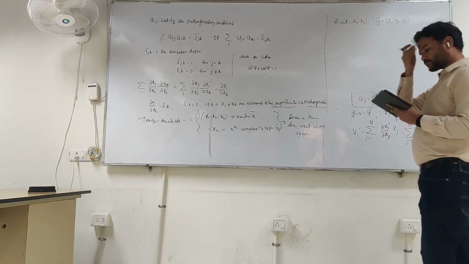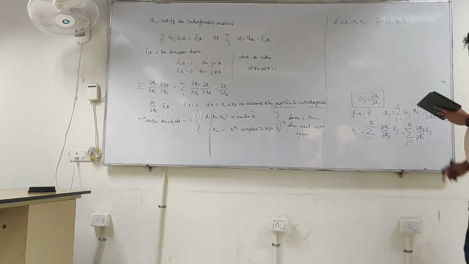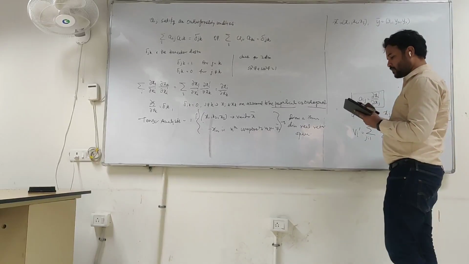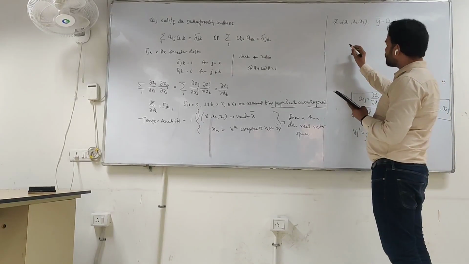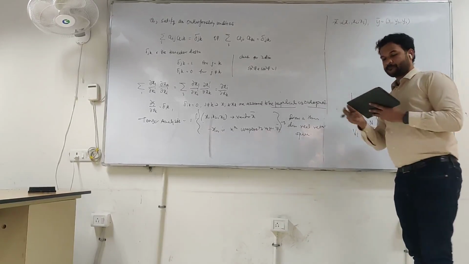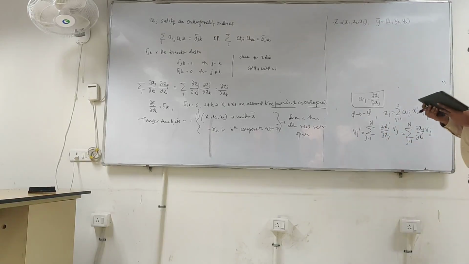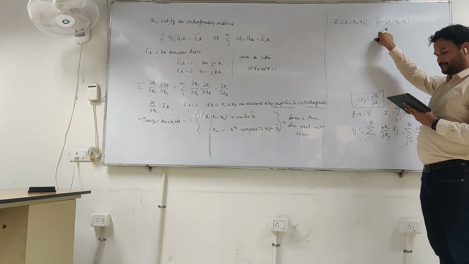First, vector x bar is equal to y bar if their components are equal. Vector addition means their components also add.